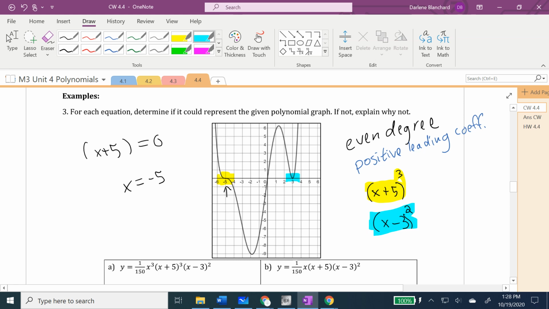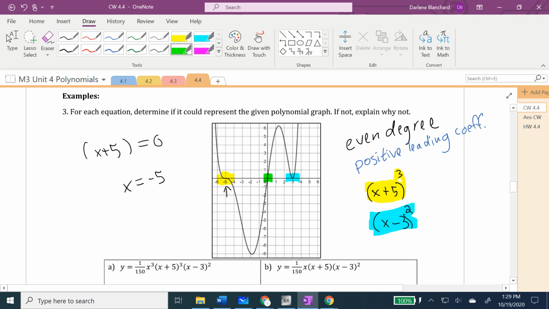And then do you see any other x-intercepts? Anyone see another x-intercept? Yep, right there.